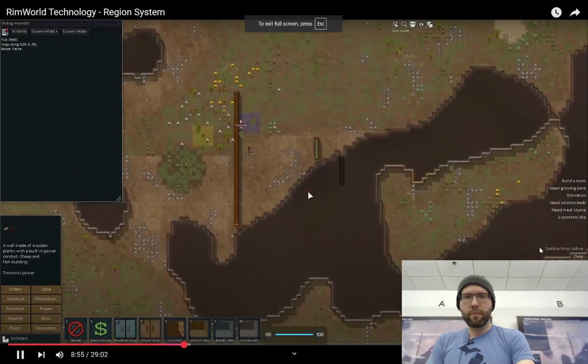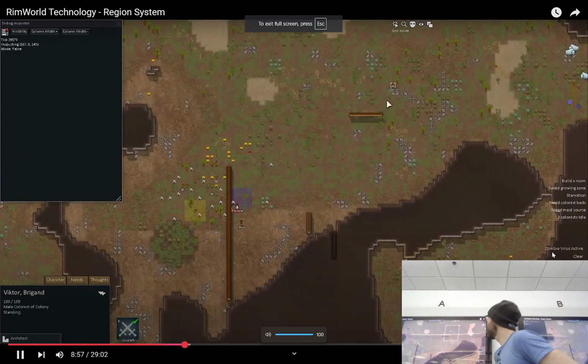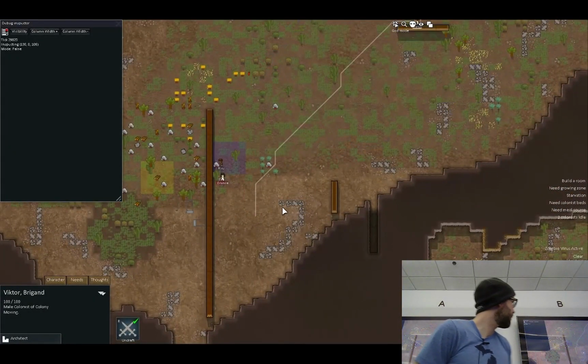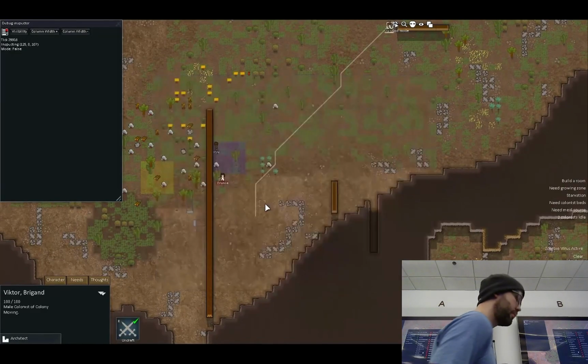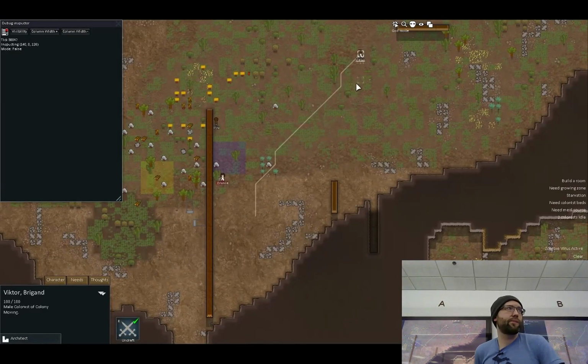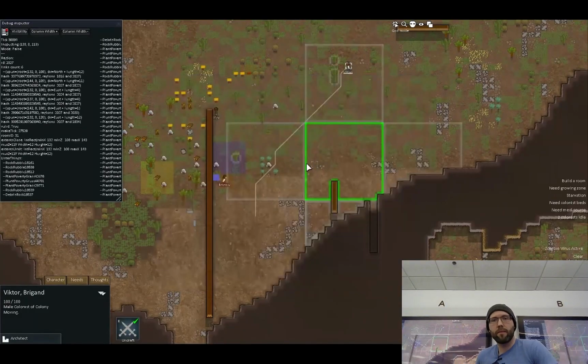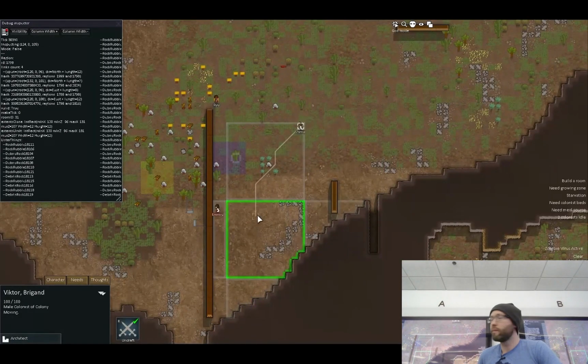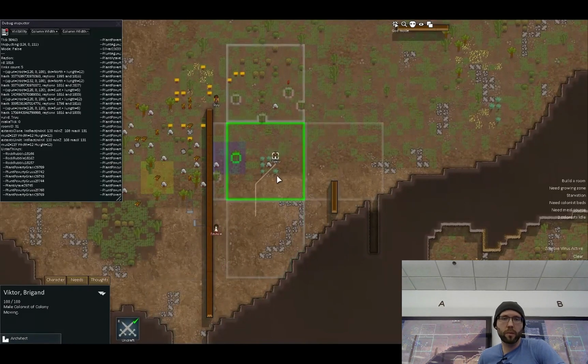So, we've got all these problems, and to solve them, I have created what I'm calling the region system. So, fundamentally, the region system is a new set of data structures. When you think about how you as a human being think about space in the real world?